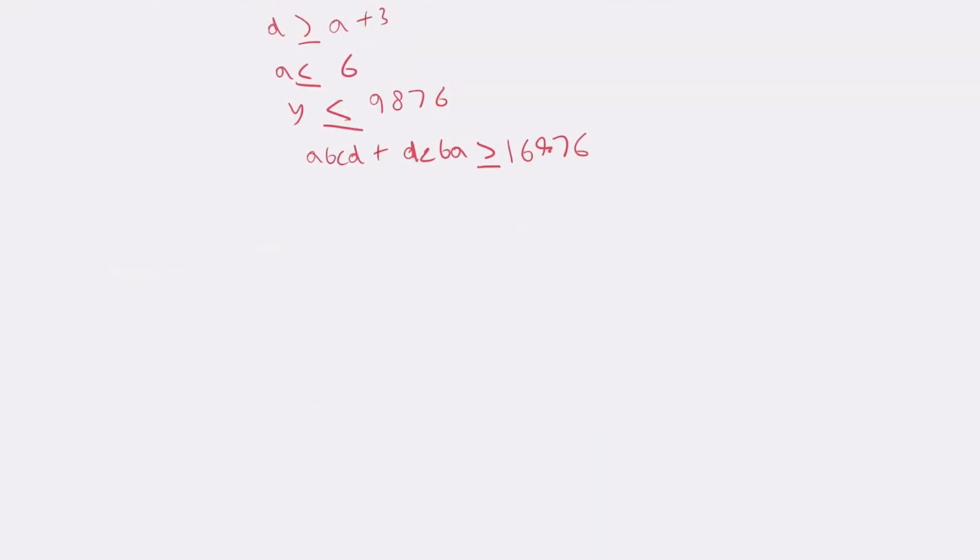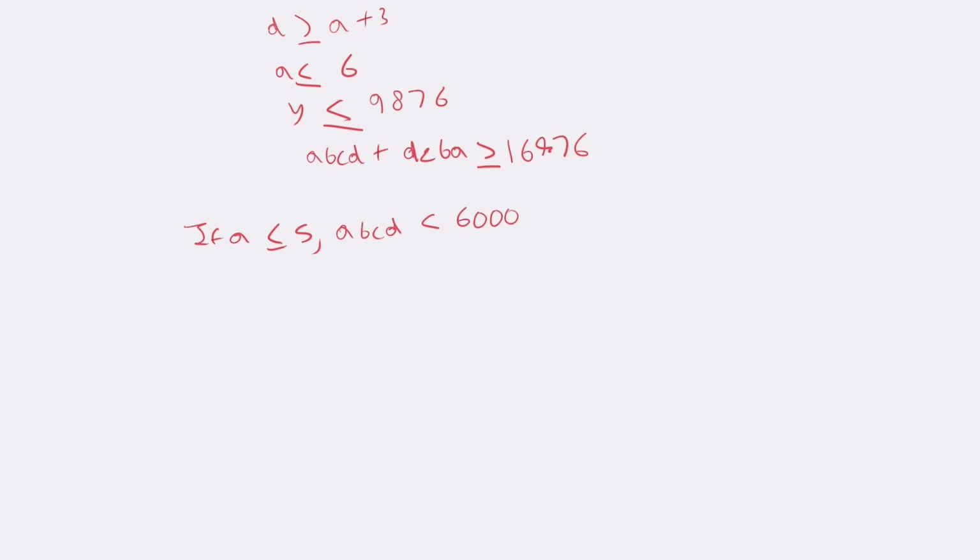If A is less than or equal to 5, then ABCD would have to be less than 6,000, because the highest digit would be 5. And so DCBA would have to be greater than 10,476 if that were the case. But that's obviously not possible because it's a 4-digit number. A 4-digit number cannot exceed 10,000.